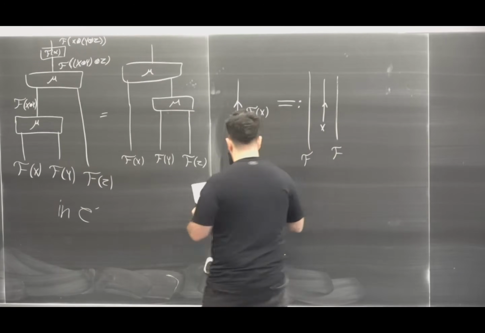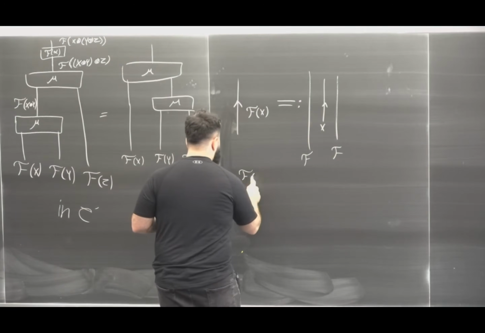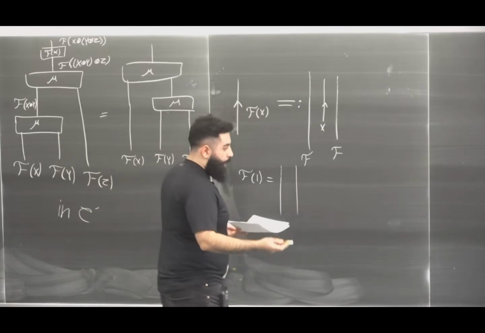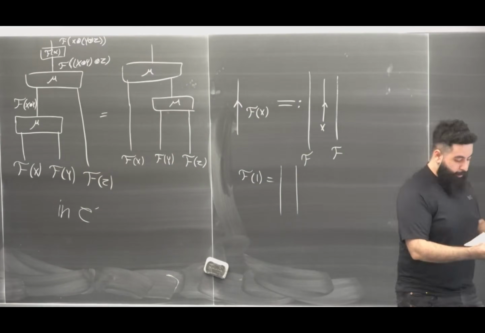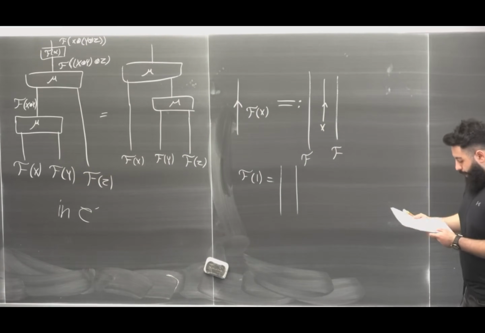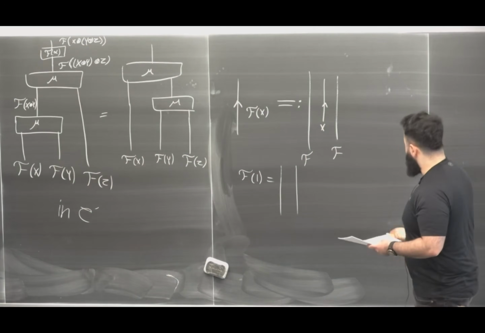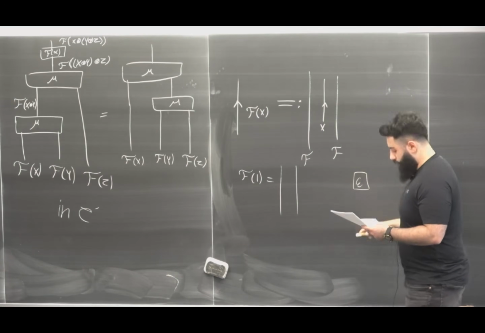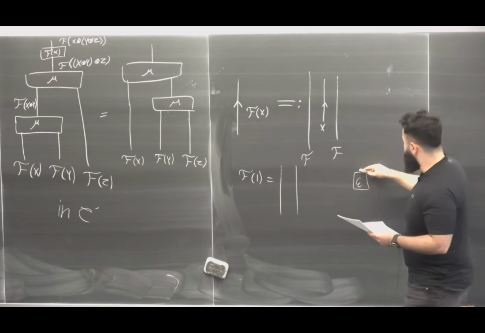Also f of 1, we don't draw anything, so f of 1 will just be this, because as we said last time in the graphical calculus part, ones we just don't draw. And the epsilon map, remember, takes in 1 and spits out f of 1.